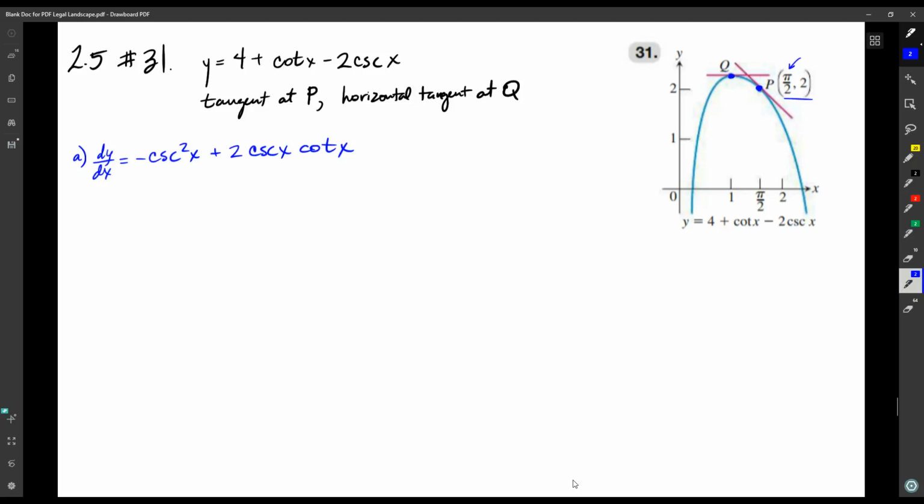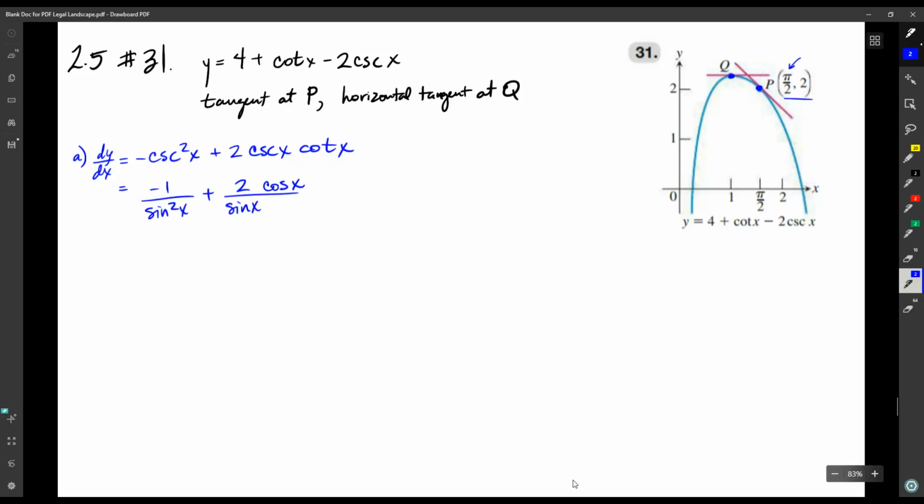At this point, we probably don't mentally keep cosecants and cotangents of pi over 2 in our head, so I would rewrite this derivative in terms of sines and cosines. So doing that, we have negative 1 over the sine squared of x plus 2 over sine of x in the denominator, since cosecant is 1 over sine, and cotangent of x is cosine of x over sine of x.